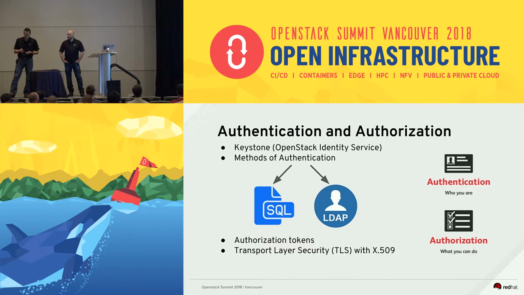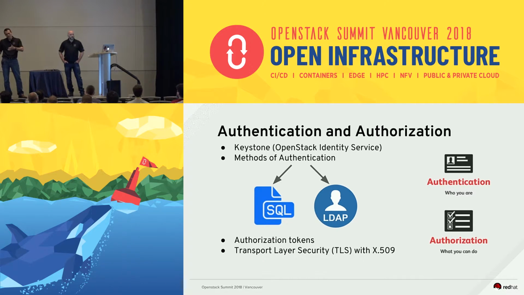Keystone is the OpenStack project, as you probably know, designed for the identity service. There are two methods of authentication. Keystone can either take advantage of the local SQL server, your MariaDBs, your MySQLs, etc., or you can take advantage of something that's already out there in your businesses, such as LDAP.